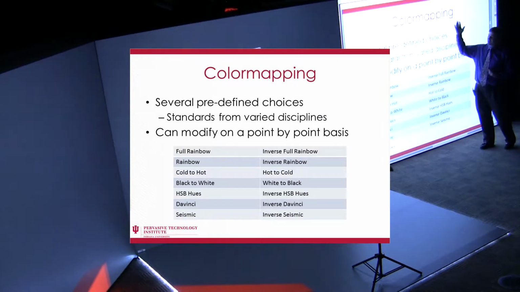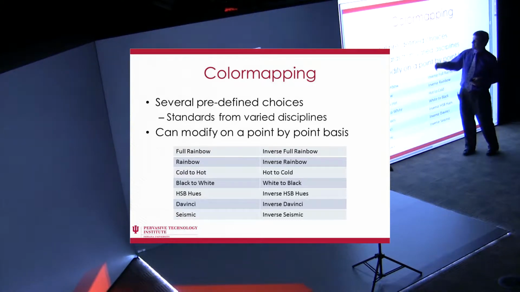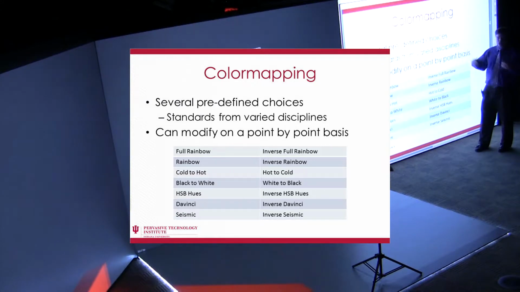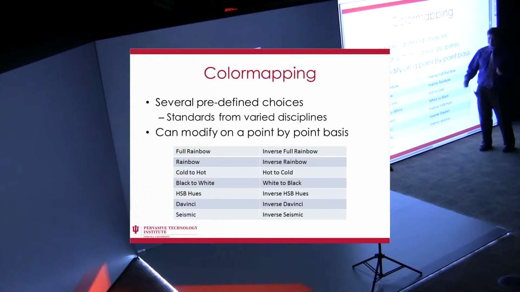One of the generic issues we deal with when we're doing SciViz is how we are going to color our data. A lot of times people just go with the default: I'll start with red, work my way through the oranges, yellows, greens, blues and purple, the rainbow. That's easy, but it's not necessarily a good choice for highlighting your data.